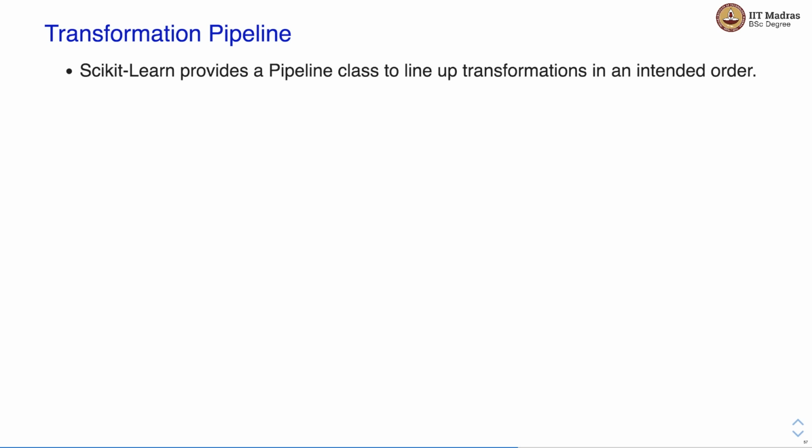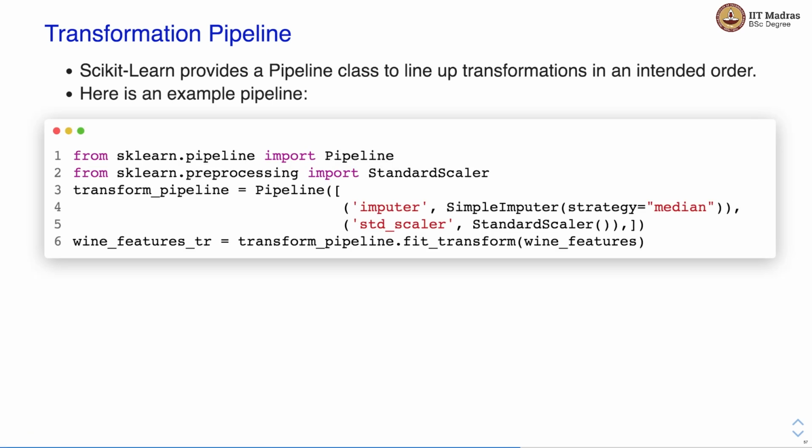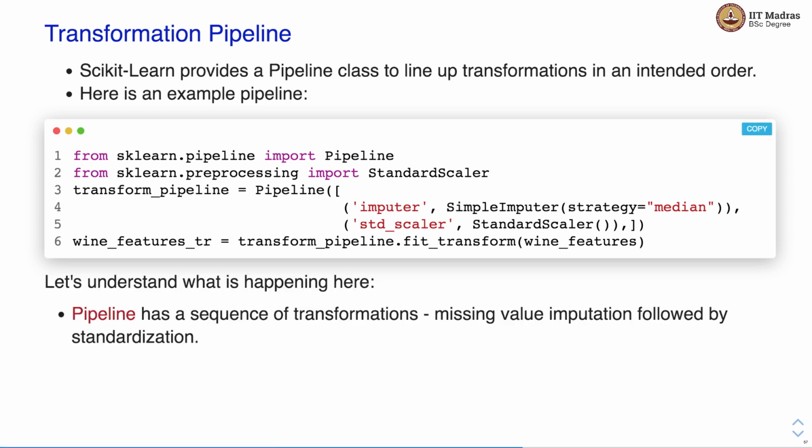Pipeline class helps us to line up transformations in an intended order. Here is an example of pipeline. In the pipeline class, we specify a sequence of transformations. Here we have two transformations.